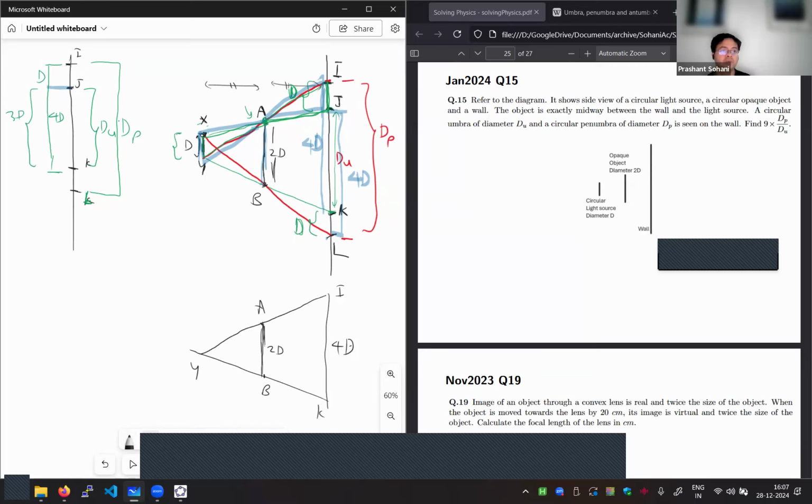Which means the DU is 3D, 3 times D. And then finally, the last part is also D. So the total length of DP is D plus 3D plus D, which is 5D. And so we can find the answer: 9 into DP upon DU is 9 into 5D upon 3D, which is 15.